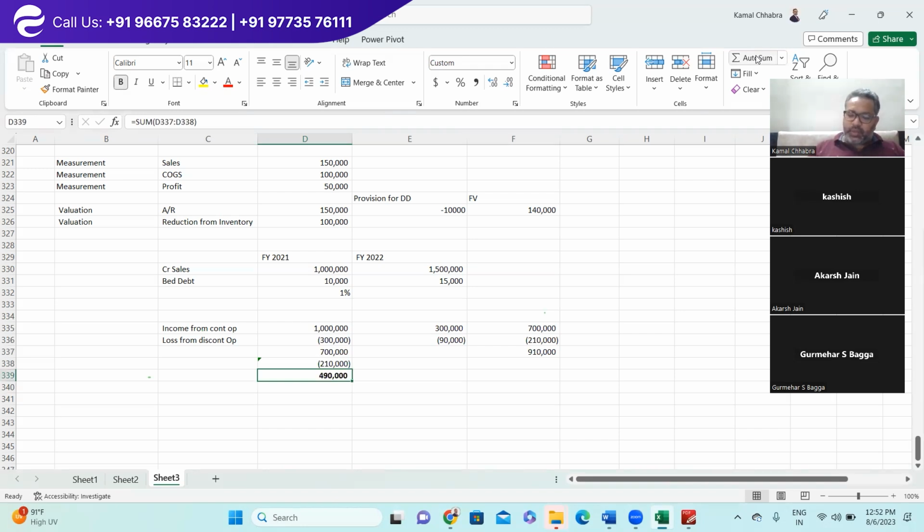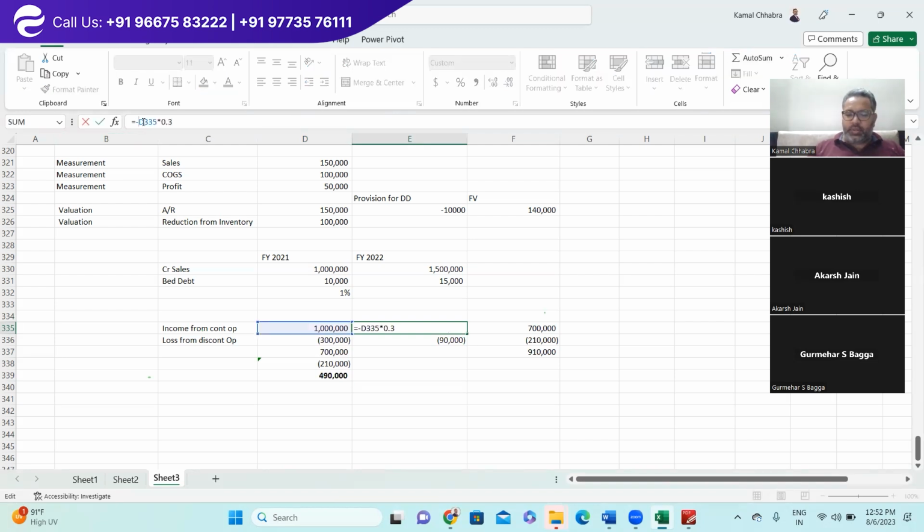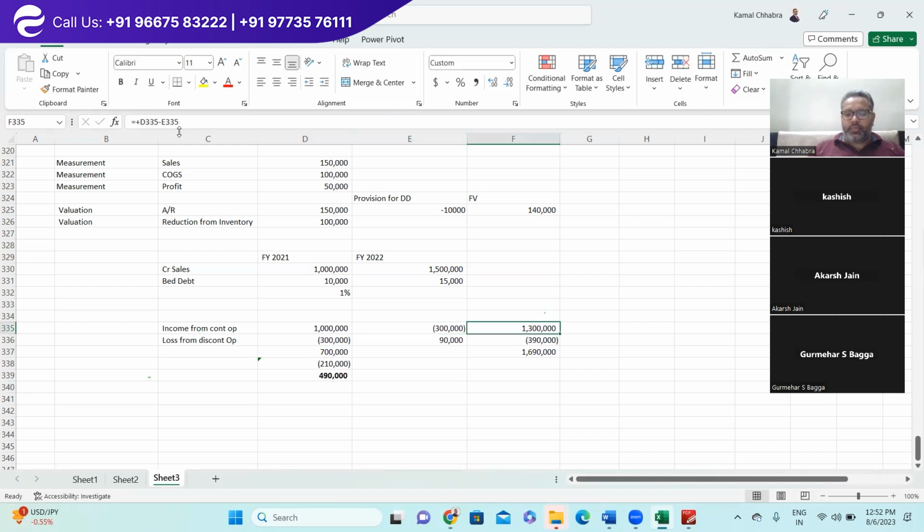Yes. But what they are saying is, calculate tax on this separately, right? How much is it? $300,000, and calculate tax separately on this, right?